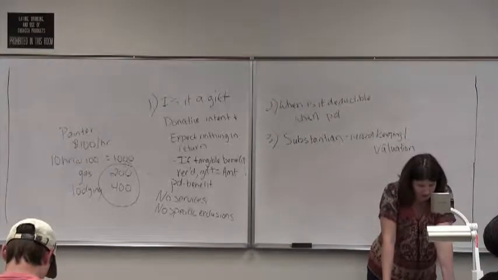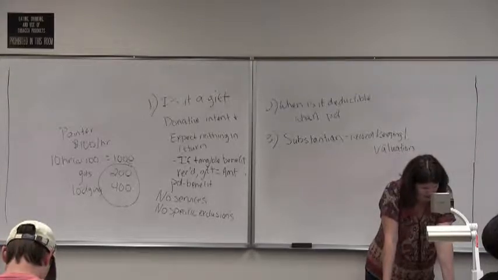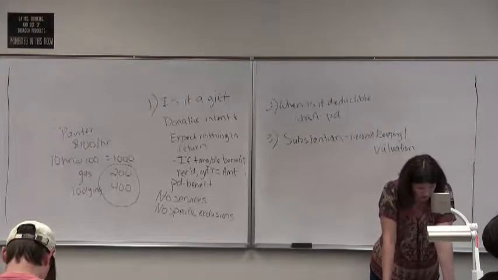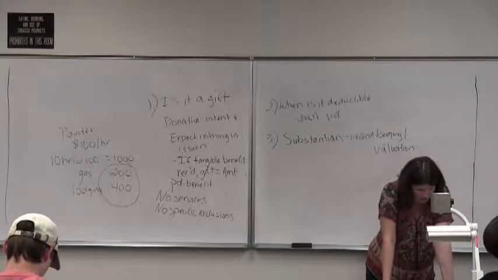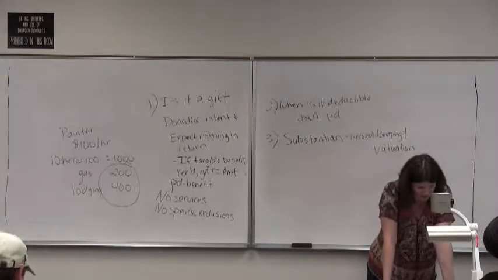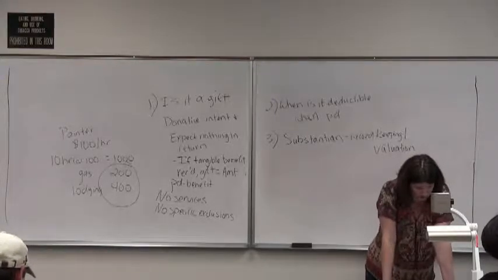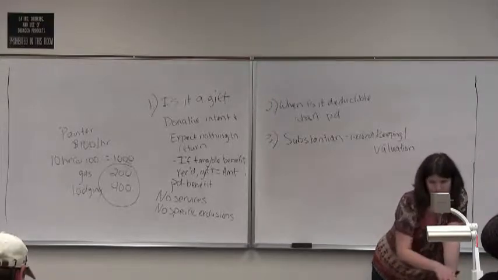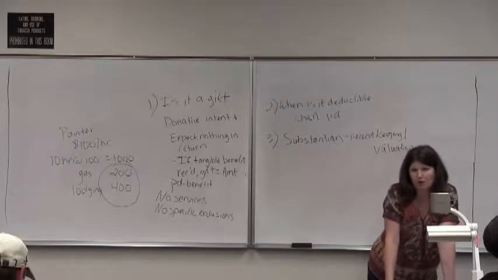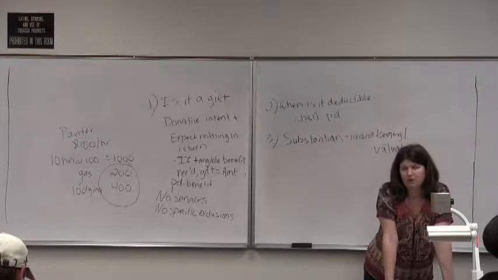A written statement is required if it is more than $75 and is partly a contribution and partly for goods. If it's a non-cash gift, you have to have a receipt from the charity. Clothes or others must be in good condition or better at the time of the gift. I'm not going to read them all, but take a look at the substantiation requirements for the different properties.